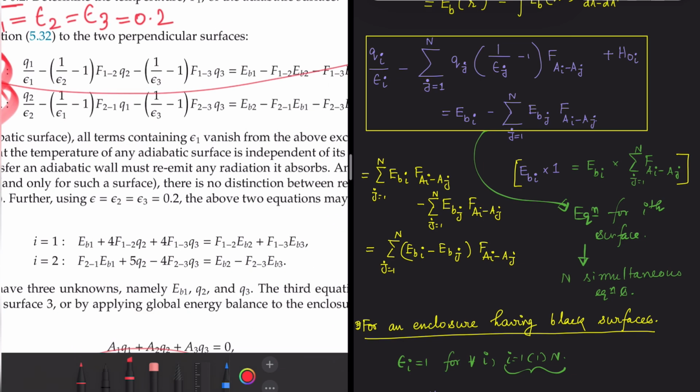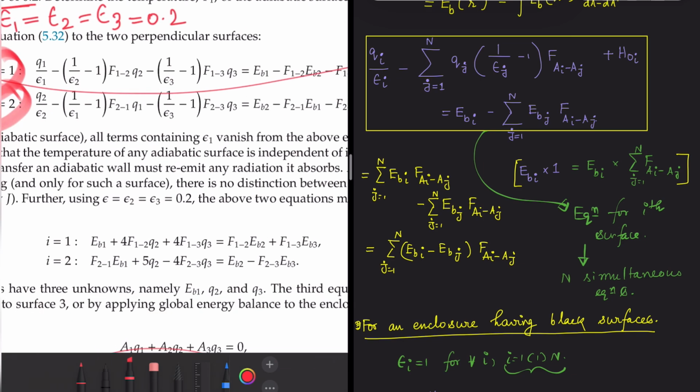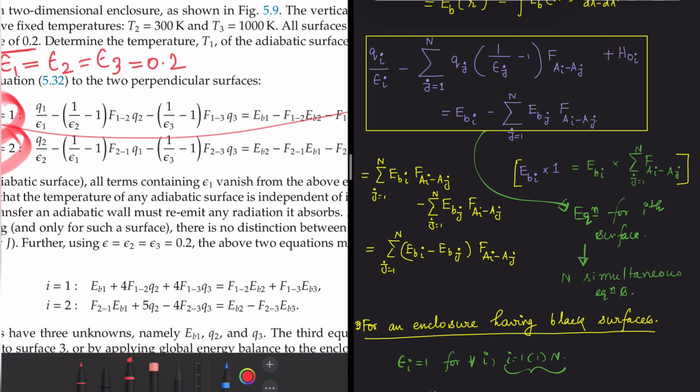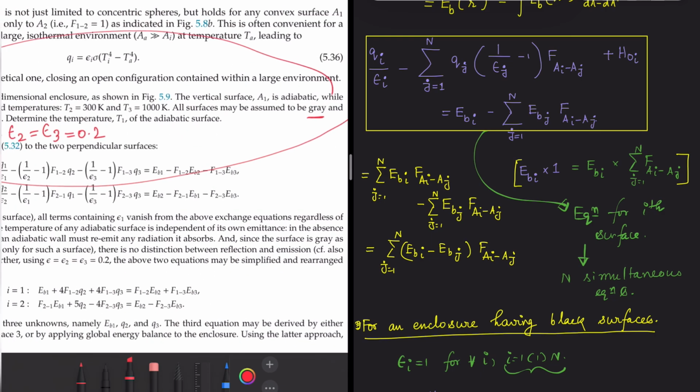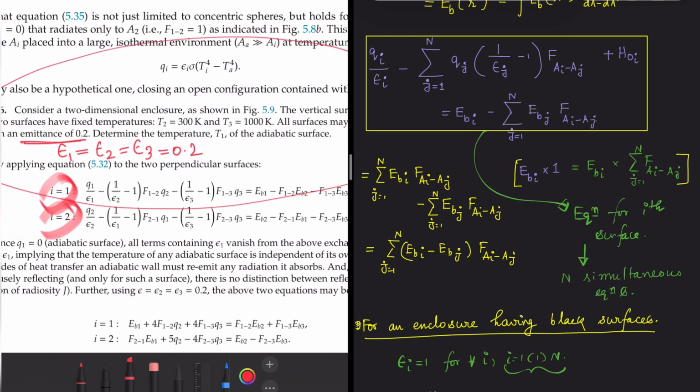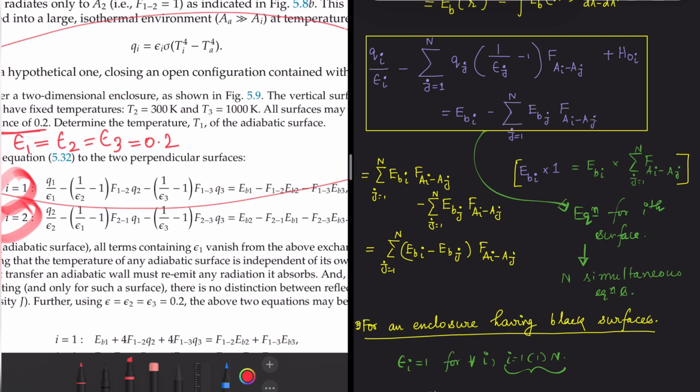Now you see in this equation for i equal to 1, what is given and what is unknown. You have been told that A1 is an adiabatic surface. That means my Q1 is equal to 0.